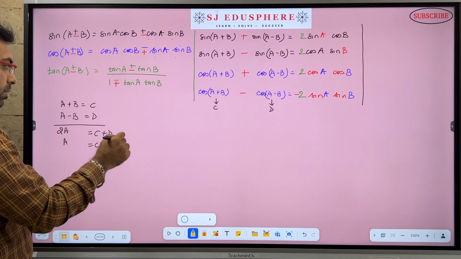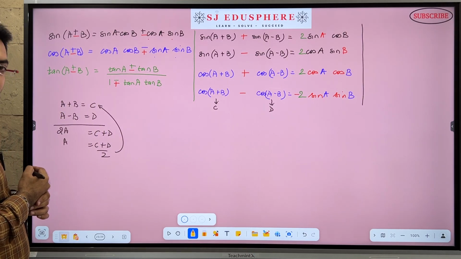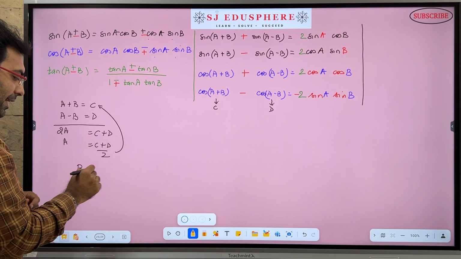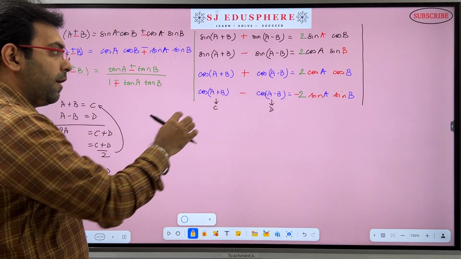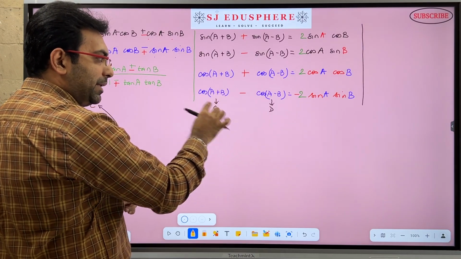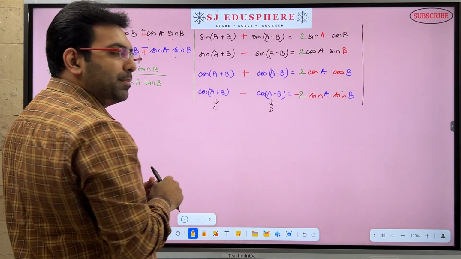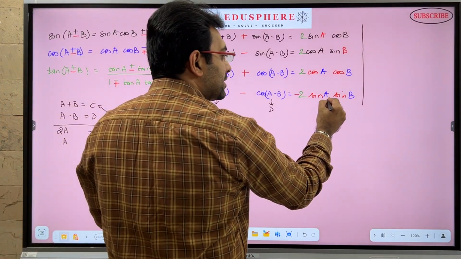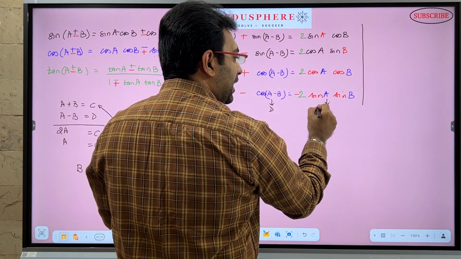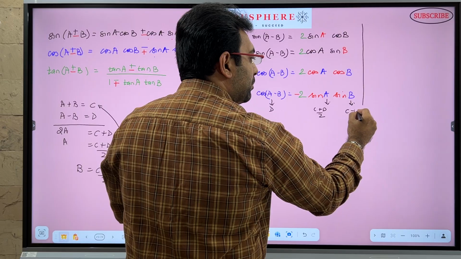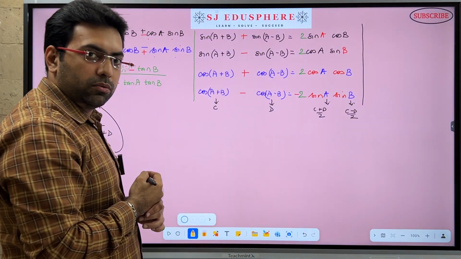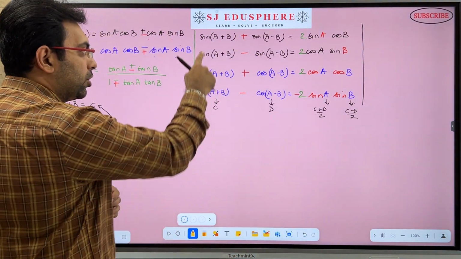When I substitute this A in any of the above formulas, I will get B as (C-D)/2. So, while I replace A+B as C and A-B as D, on the right hand side I will replace A as (C+D)/2 and B as (C-D)/2. So, what do I get here?